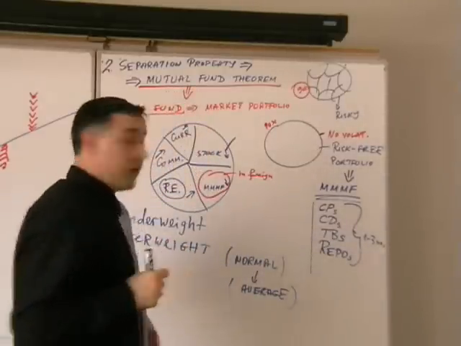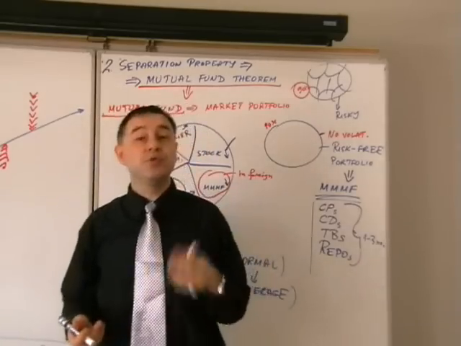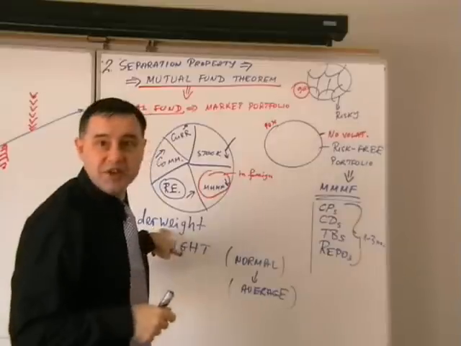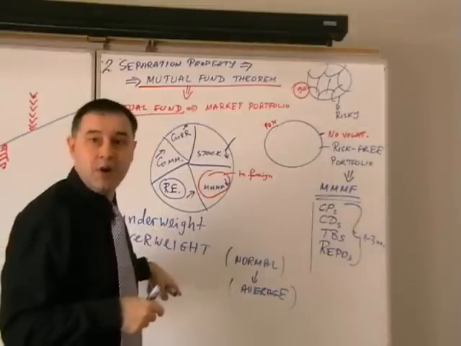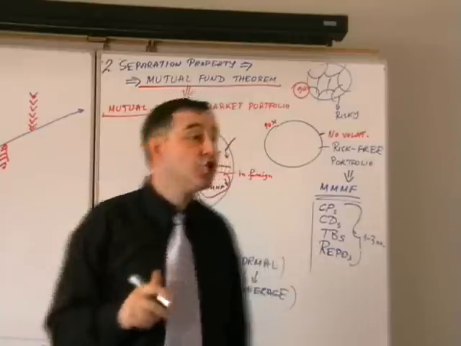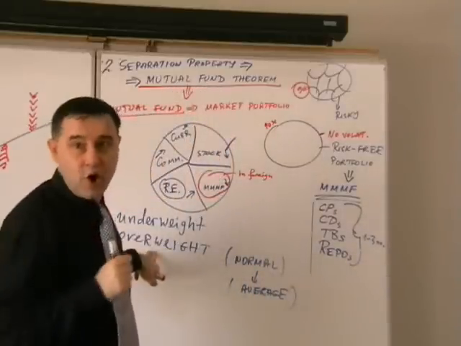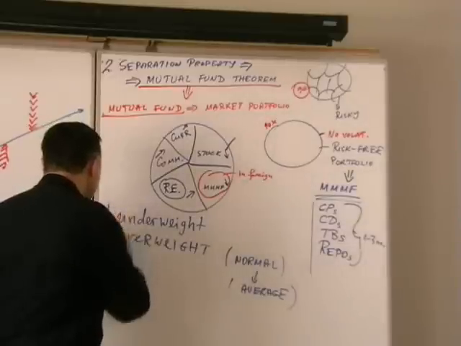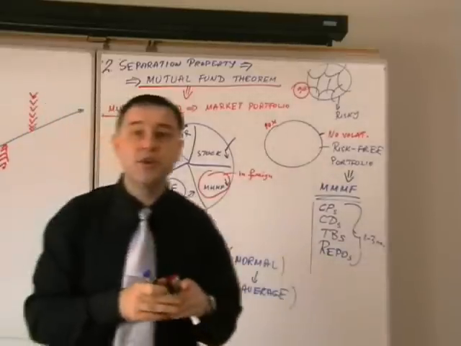Alright? So, for example, young people are typically recommended to be overweight stocks and underweight bonds. On the other hand, people very close to retirement should be relatively overweight bonds and relatively underweight stock. So I'm just trying to explain the usage.